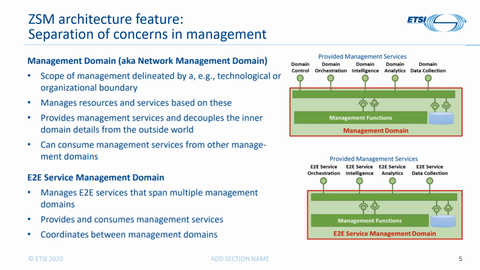Interaction between management domains is allowed. The scope of the end-to-end service management domain spans multiple management domains. The end-to-end service management domain represents the management of an end-to-end service, and it coordinates the interaction between management domains.